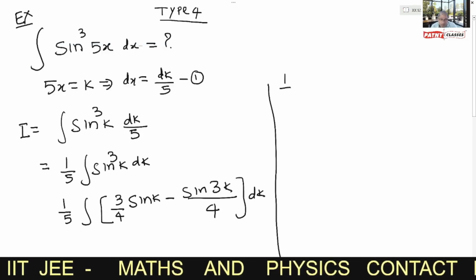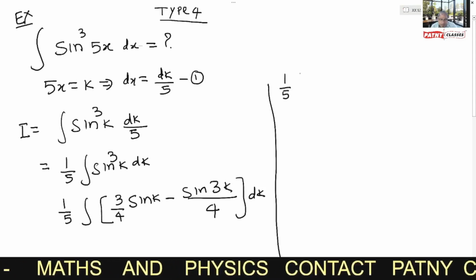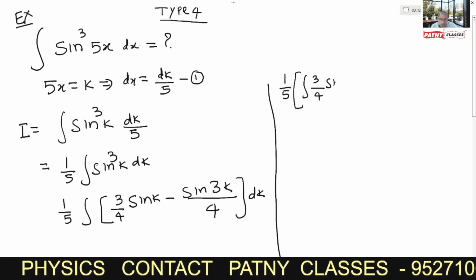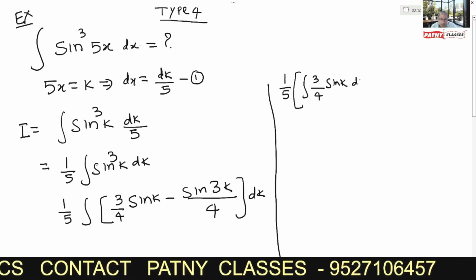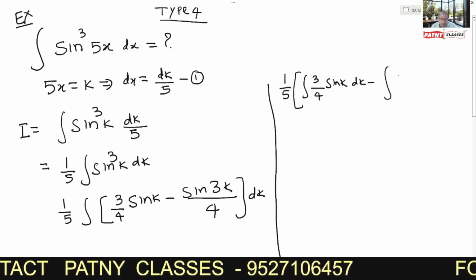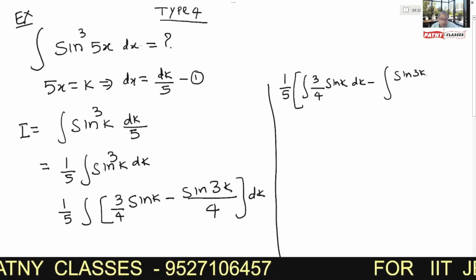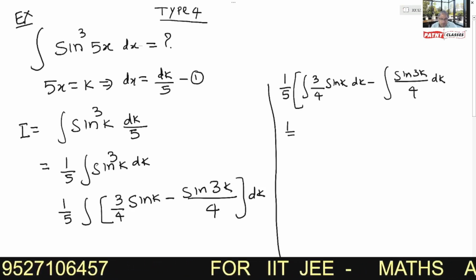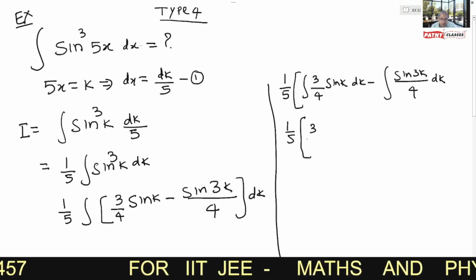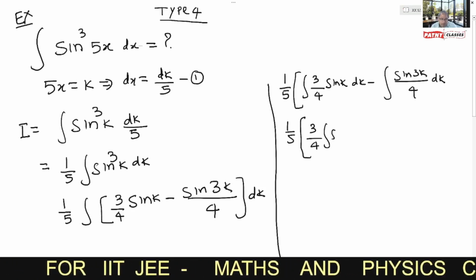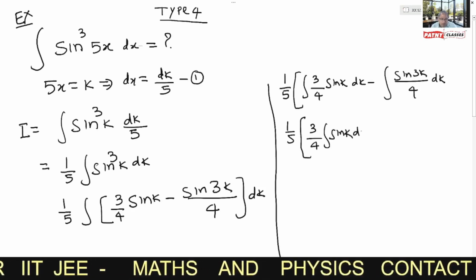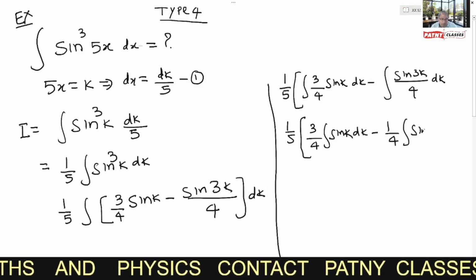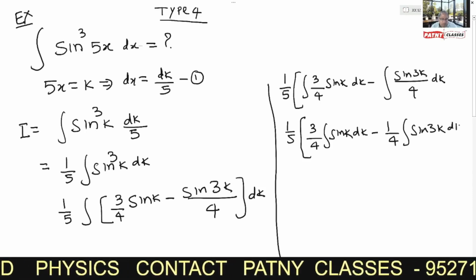So 1 upon 5 integration of 3 upon 4 sin k dk, splitting them individually, minus sin 3k upon 4 with respect to k. 1 upon 5, here 3 by 4 outside, integration sin k with respect to k minus 1 upon 4 integration sin 3k with respect to k.